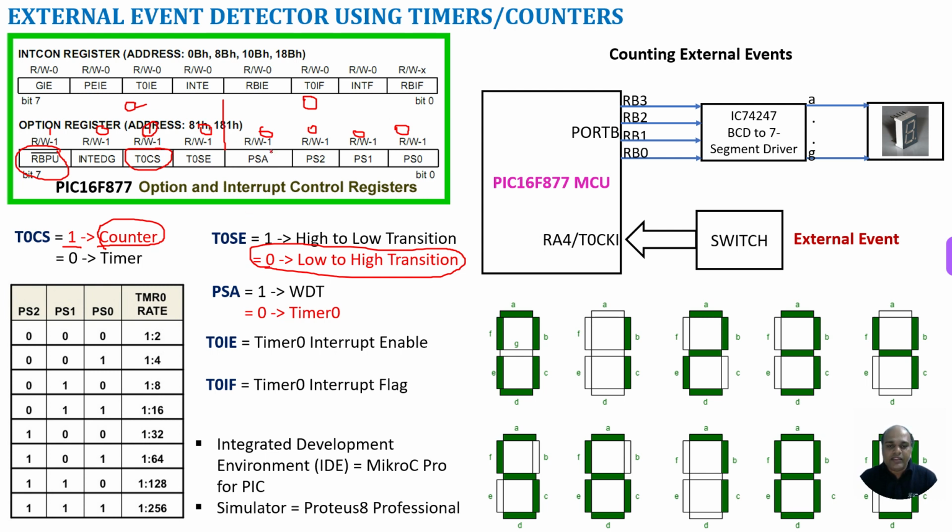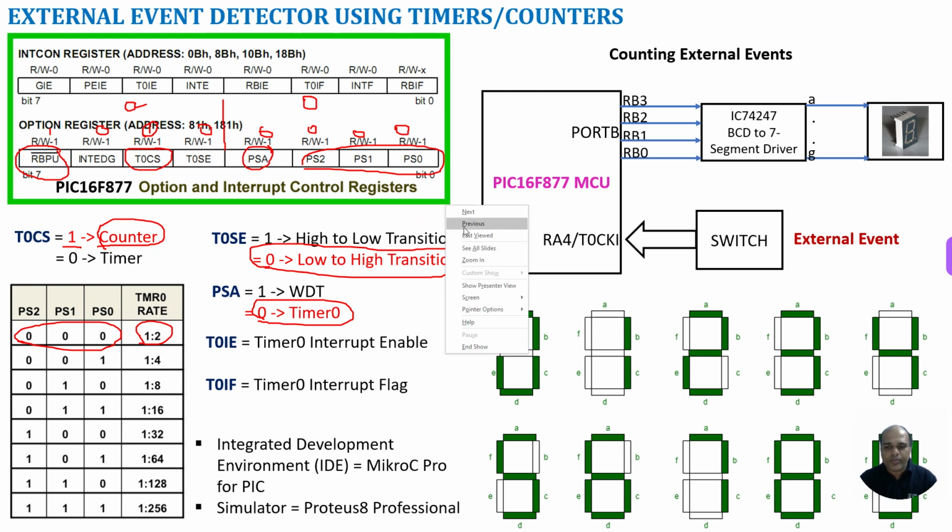Then PSA is set to 0, which means the prescaler is assigned to the timer 0 module, and I have set PS2 to PS0 as 0 0 0. 0 0 0 means a 1:2 rate, which means for every second event, incrementation of the timer 0 register will happen. So if I want to do it for every event, instead of every 2 events, what should be the value?